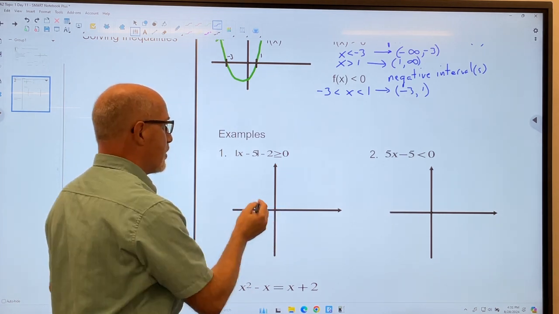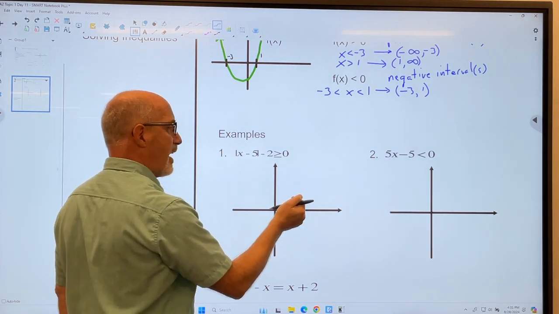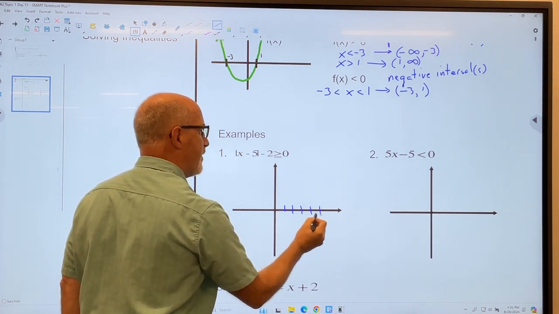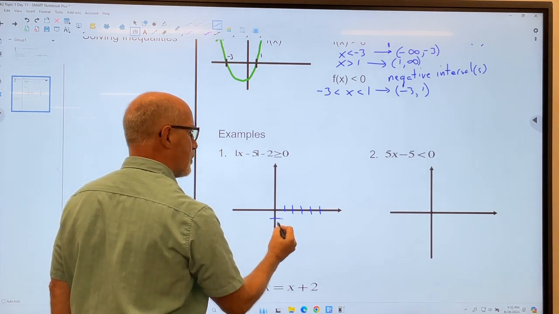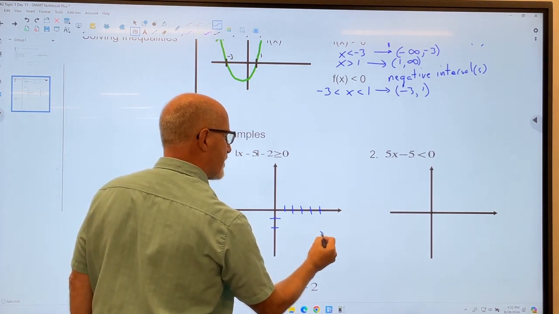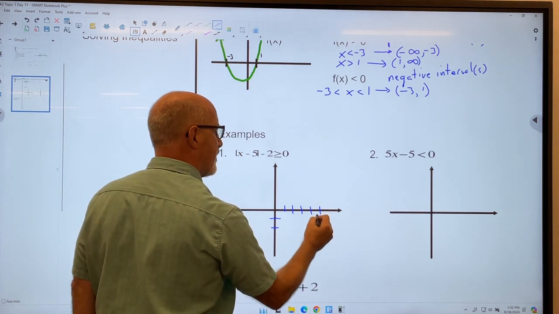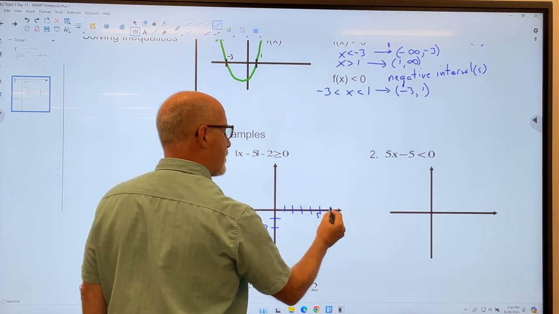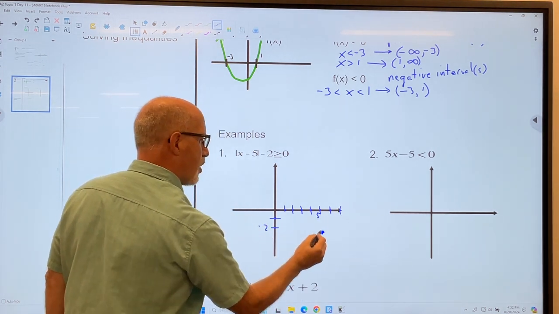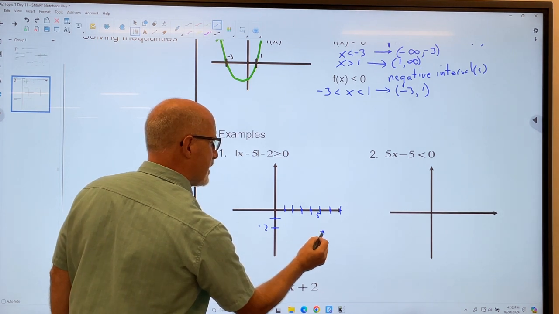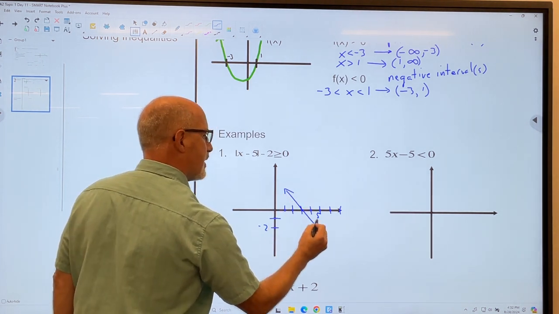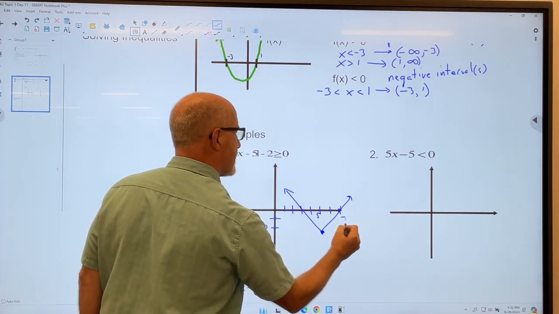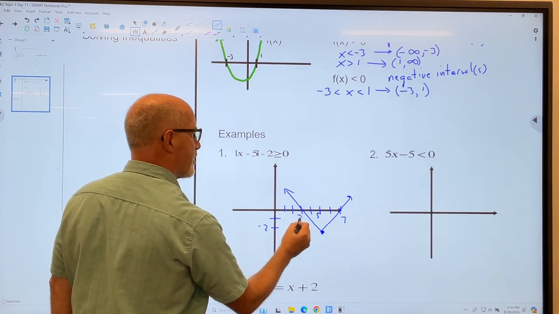This says move it over 5 units positive, so 1, 2, 3, 4, 5, and then move it down 2 units, 1, 2, and the vertex will be right there at (5, -2). Now if I were to draw this one out, it would go like this, and it would go like this. So it would cross here at 7, and it would cross here at 3.